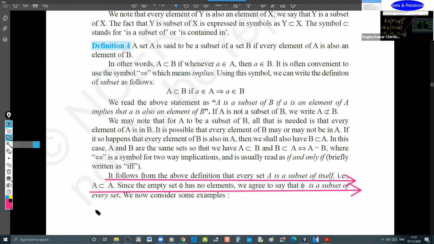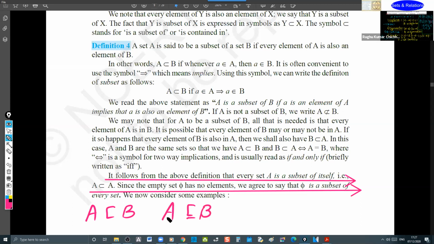Now, there are two ways of denoting this. If I write A is a subset of B, then B is said to be the superset and A is a subset of B. It can be written like this also, and you may say that A and B may be equal in this case. Equality is also shown. There are two symbols here.